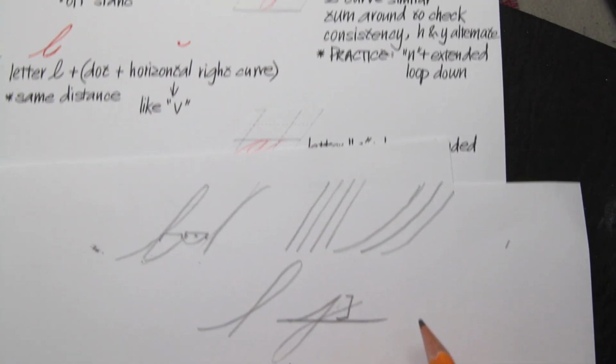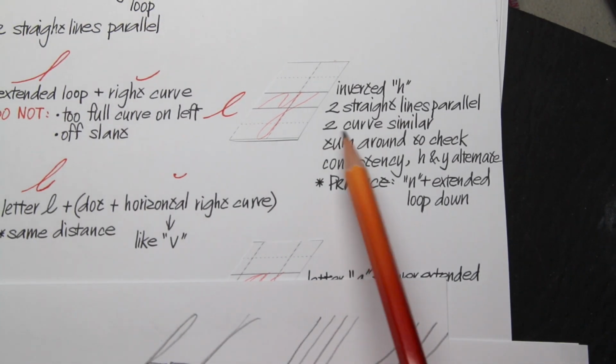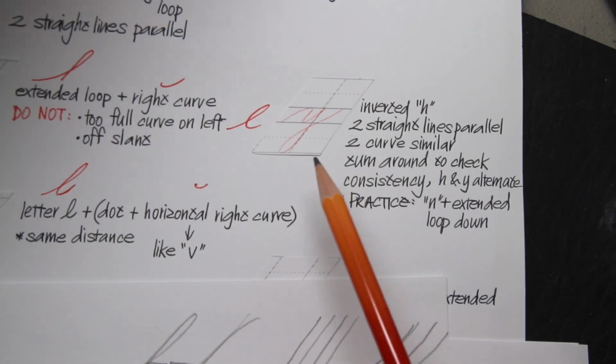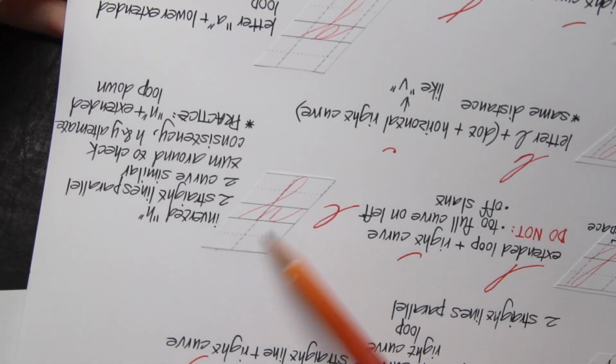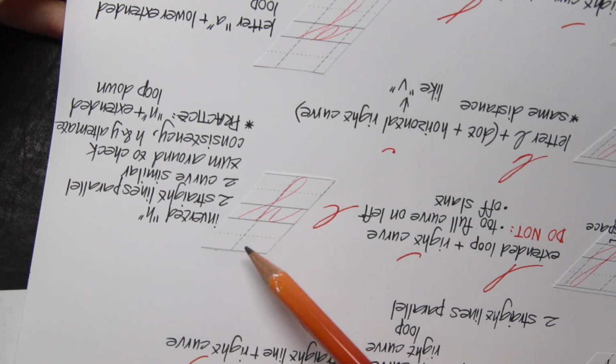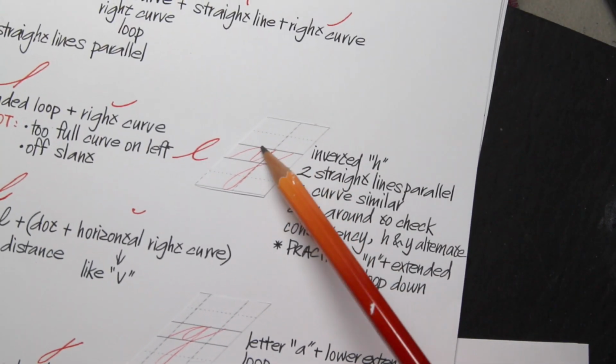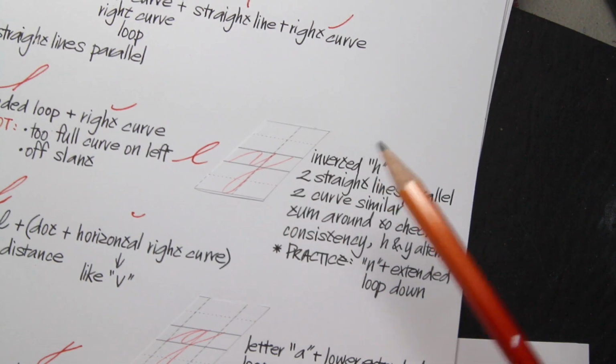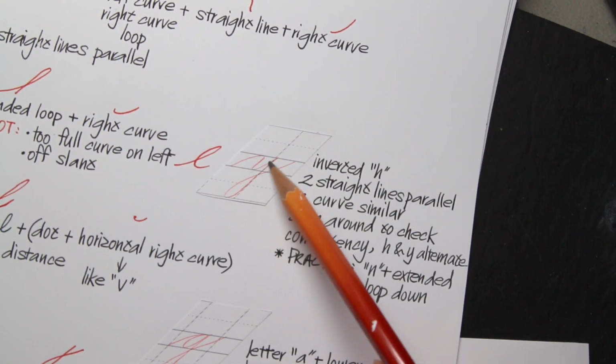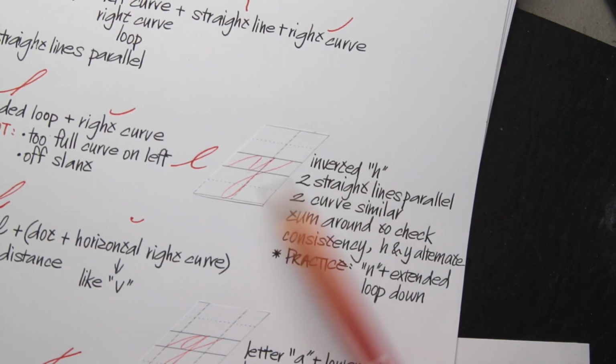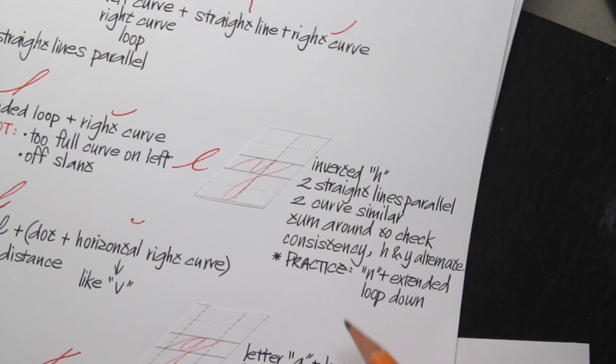The letter Y is an inverted H. So when I turn this around, you should be able to see a perfect letter H. So the concepts are exactly the same as H but inverted. Make sure that your 2 straight lines are parallel, the 2 curves are similar, and turn it around to check for consistency.